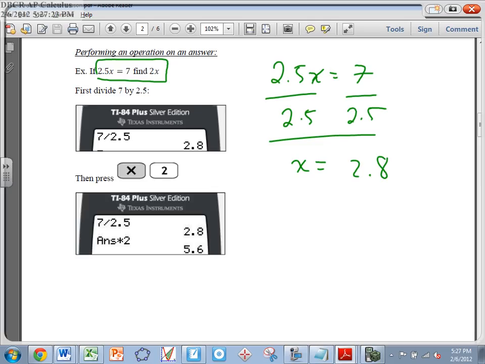Again, 7 over 2.5, that's this portion right here, is simply 2.8. But now I want to say, okay, remember, I have to answer the question being asked. The question does not ask for x, but it asks for double x. So now you have to double the value of x. So double 2.8. Well, how do you do that? You take your answer and times it by 2. And you'll see that your answer is 5.6.